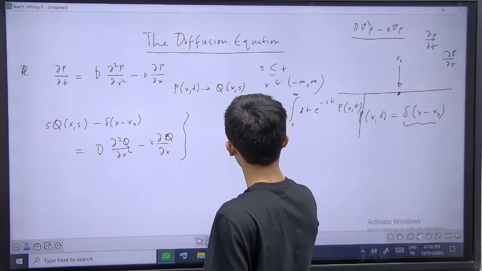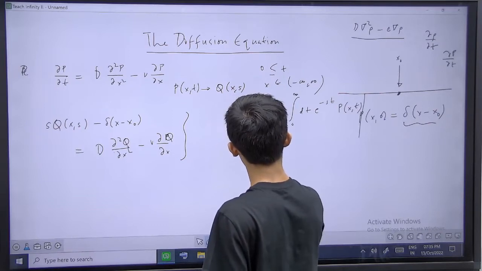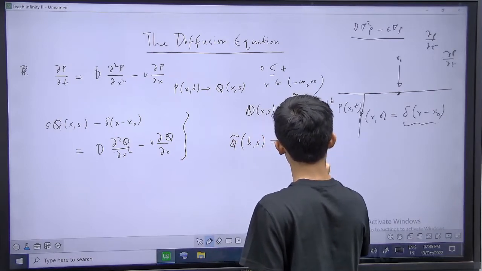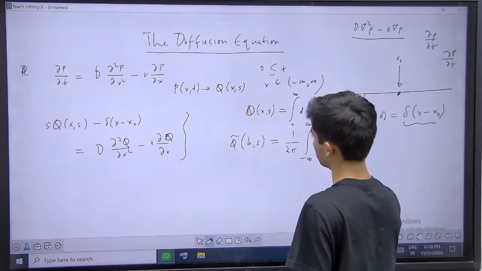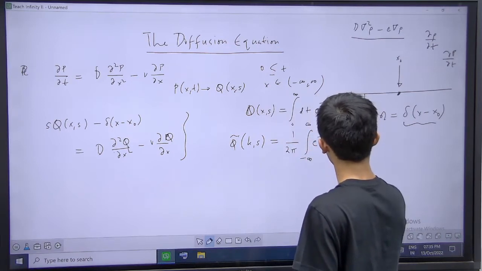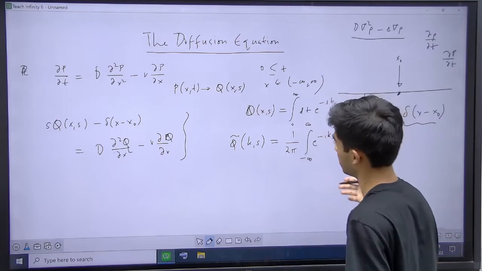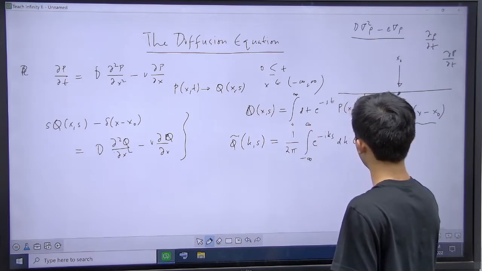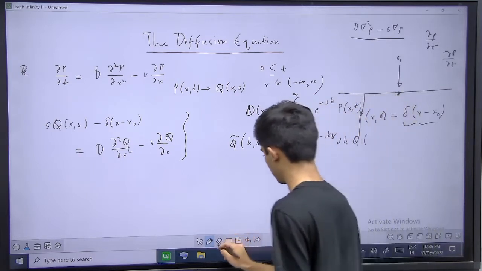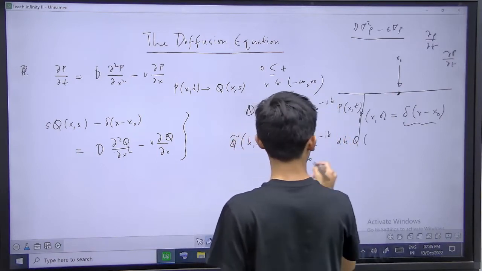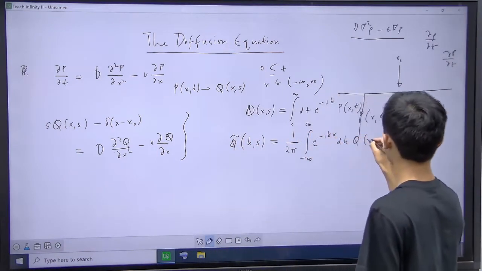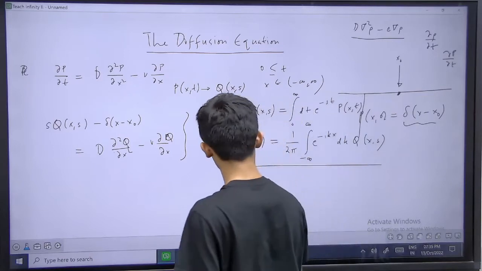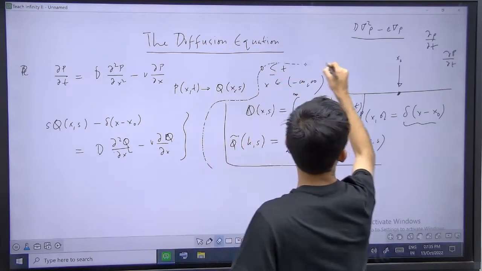I will call this q tilde of k comma s, which will be 1 over 2 pi, I will use the 2 pi right away, times the integral of e raised to i k x, dk times q of x comma s. Right, this is the convention. Although I'll have to probably erase this, it's good to just remember that this is what I have done.